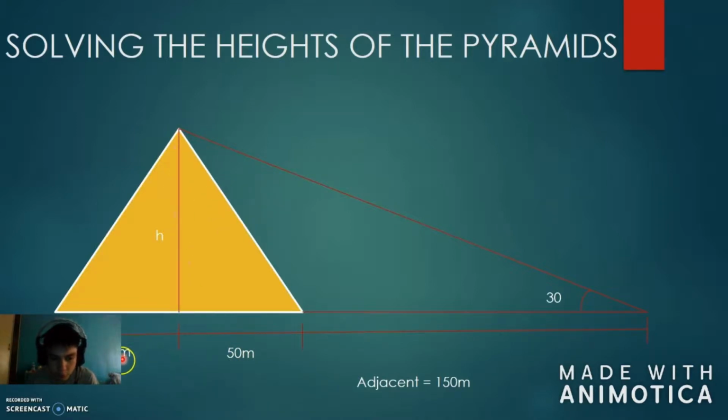The half is 100 meters, and this is also 100. So 50 meters adjacent equals 150. You need to include this 50 meters over here, 100 meters. And you are given a 30-degree angle, and you need to find the height.